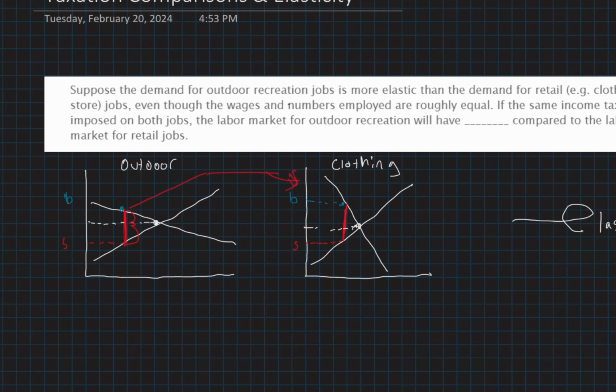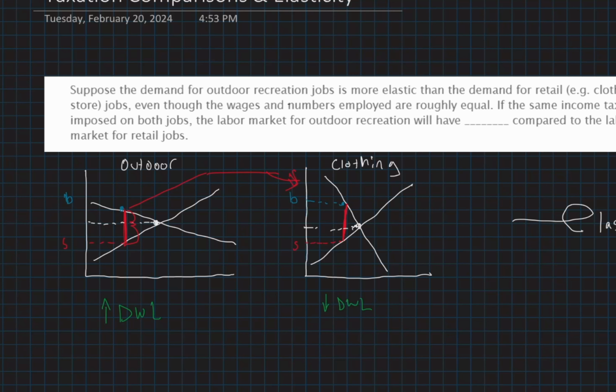So now we can see some pretty clear distinctions. First thing to note, is there a difference in deadweight loss between the two? Yes. Outdoor, usually the one that's more elastic, has greater deadweight loss. Okay, that means this one has lesser deadweight loss.